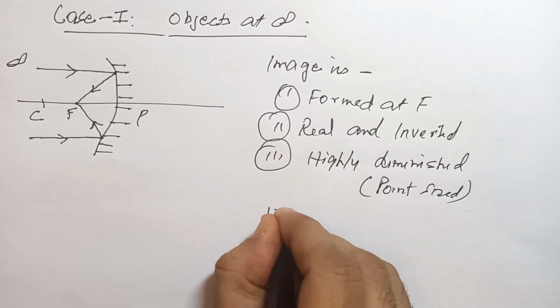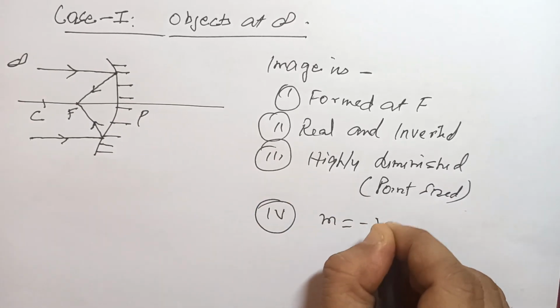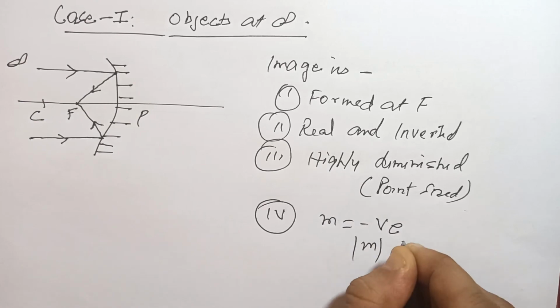Finally, fourth, we can say m is negative and mod of m is far less than 1.